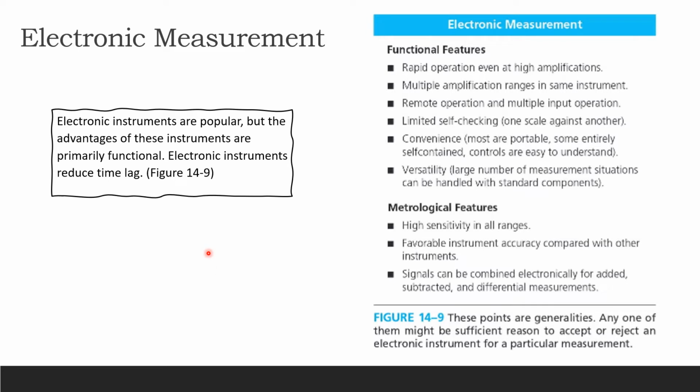Everybody can read the main scale, but when it comes to the second scale, you have to do a little bit of interpolation. So that takes some time. But when you have your digital vernier caliper, it's pretty easy. All you have to do is zero set and measure, and you can read your decimal values very easily. So anyway, for electronic measurement, we have our metrological and then functional features.